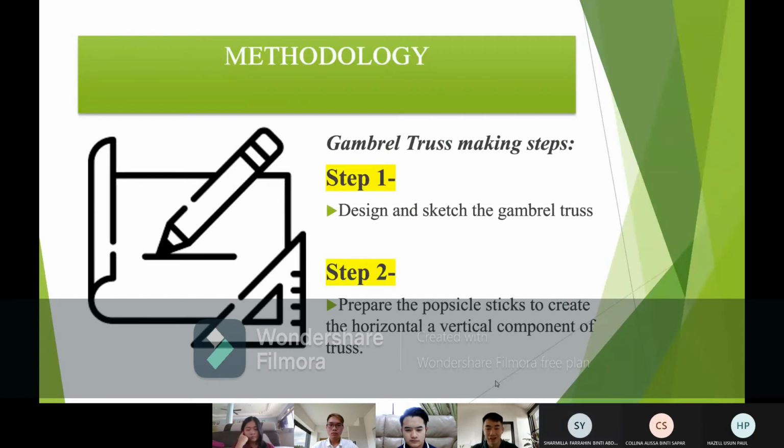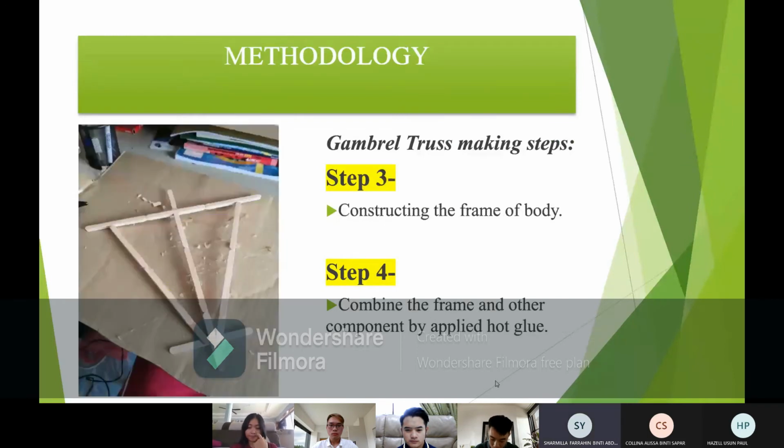So now I would like to share the steps to build this truss. First of all, we have to design and sketch the gable truss. Next is step 2, which is to prepare the popsicle sticks and create the horizontal and vertical components of the truss. Step 3 is to construct the frame body.